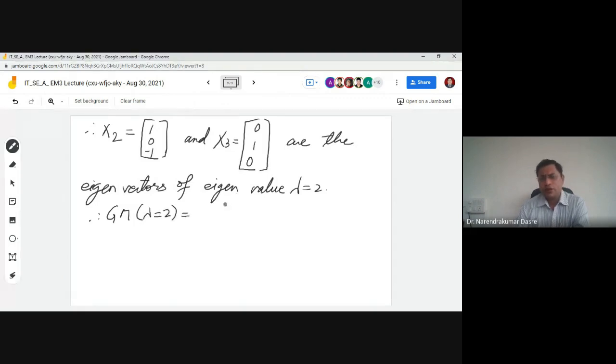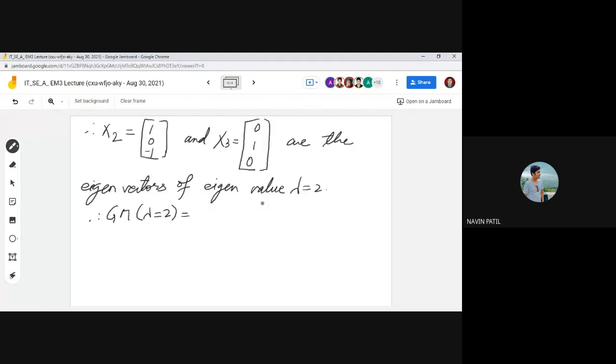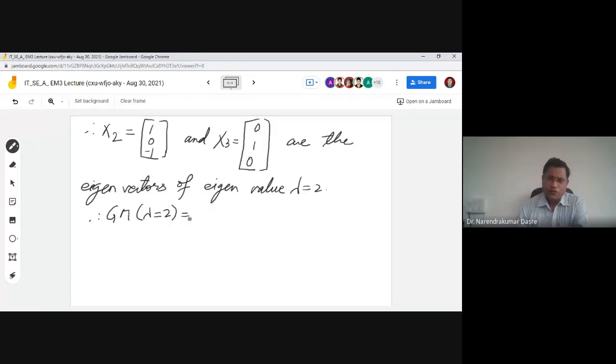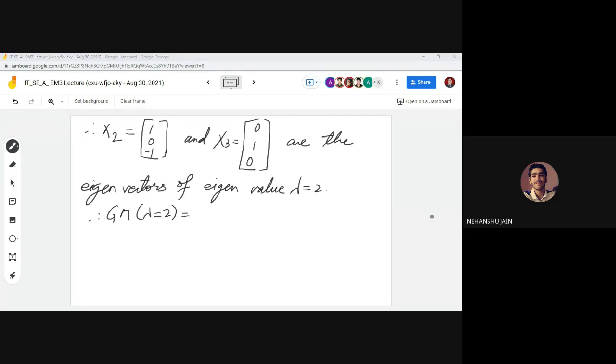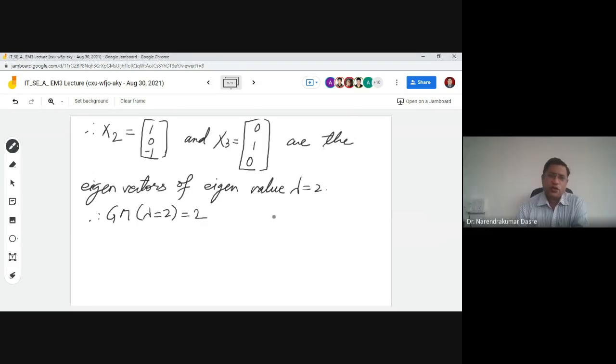How many vectors we have for this lambda is equal to 2? Two vectors. Okay, so the geometric multiplicity of lambda is equal to 2 we have calculated and it is going to be 2.